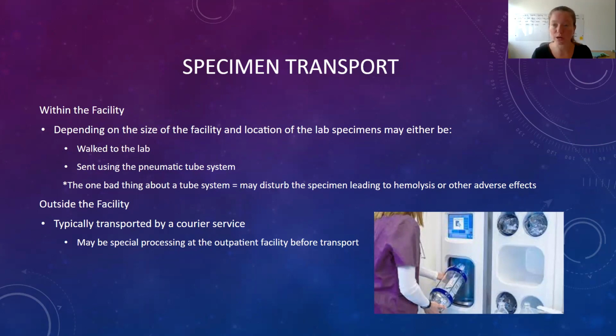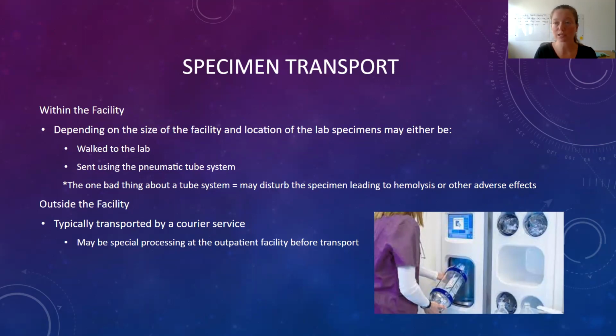So then we're talking about transporting outside of facilities. This is typically done by courier, which is a person who's going to go to the various sites, pick up those specimens and drive them back to the lab, or the mail. So when we're talking about a courier, there's pros and cons to this as well, and things that we need to be aware of.